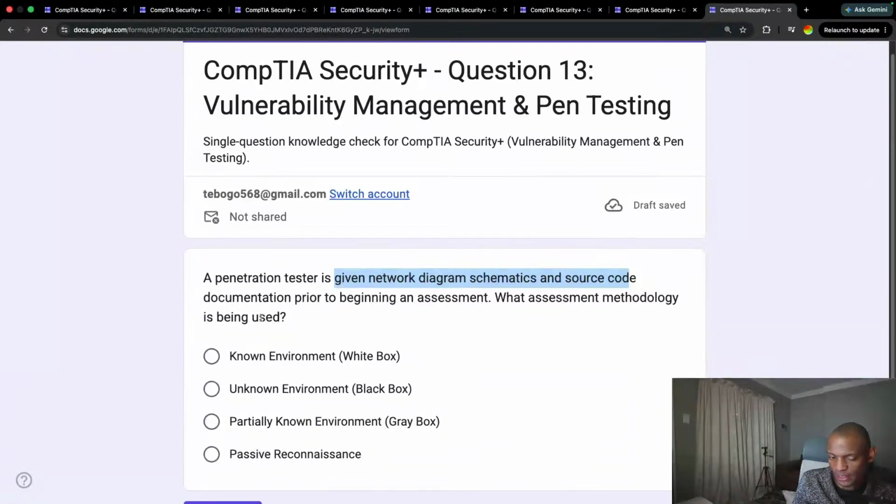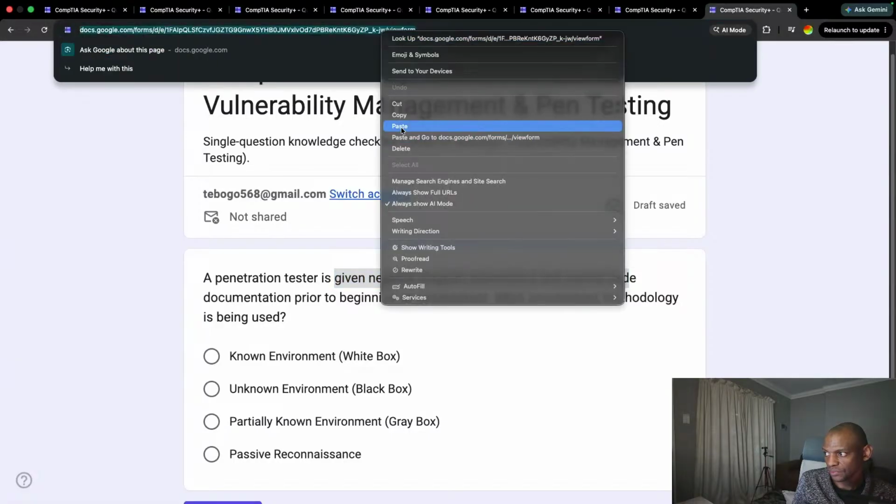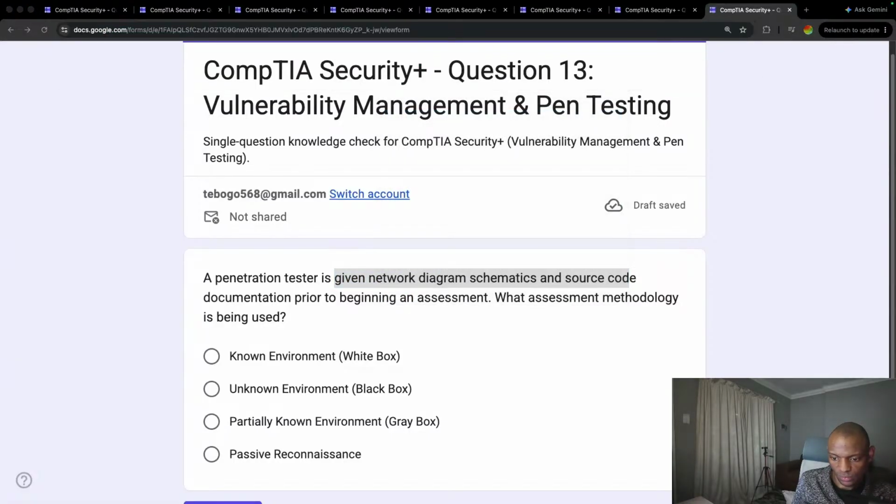So what assessment method are they using? When you look at these options, which one says the person has been given the information? I'm going to share the link. Try and answer the question on your side.